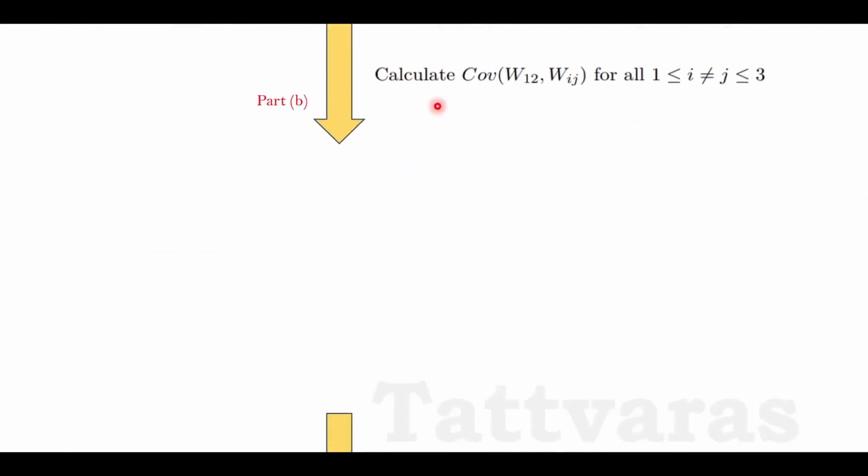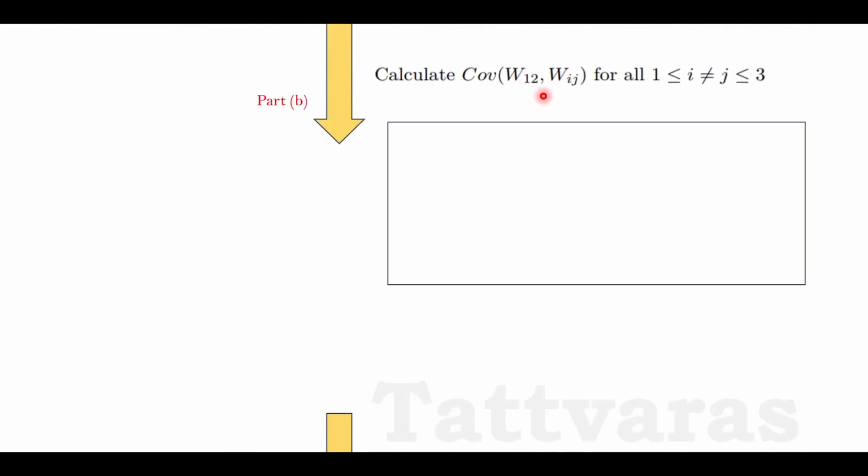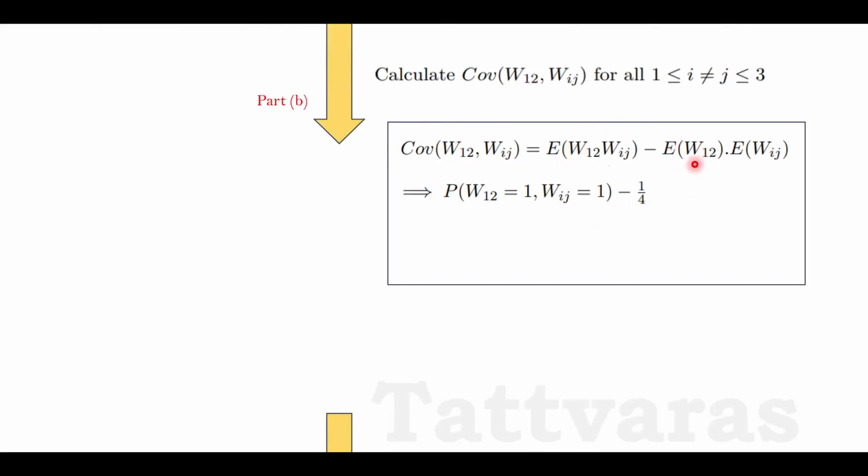Now moving to the second part of the problem. The first thing, let us check what is the covariance in general. So in general, we can say that expectation of W12 is half and expectation of Wij is half for any i not equal to j. So this part will be 1 by 4. What about this? So expectation of any variable is equal to the values taken by the variable into the probability. This particular variable will take either 1 or 0. So we will not consider the 0 cases because those will not be there in the sum, only the 1, right?